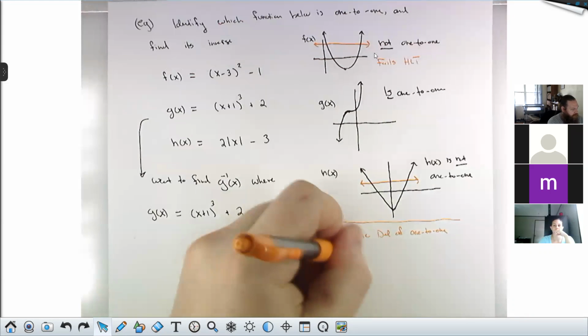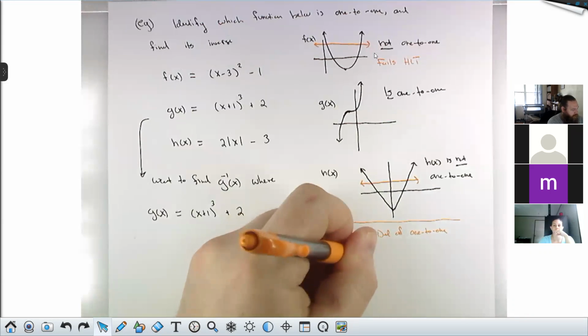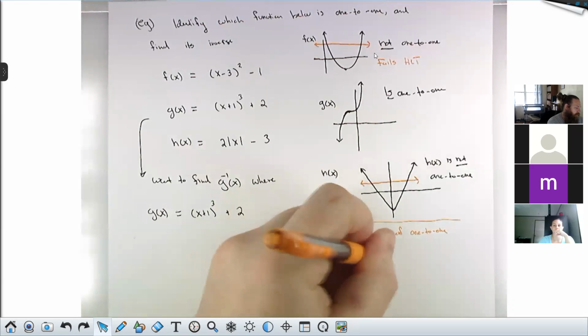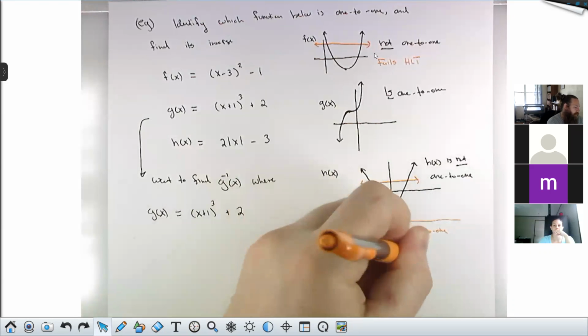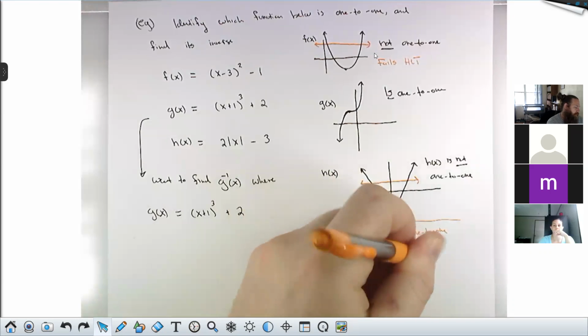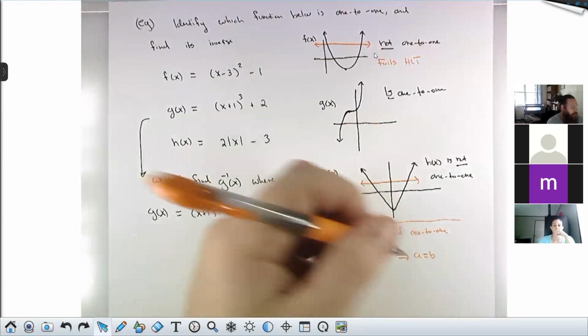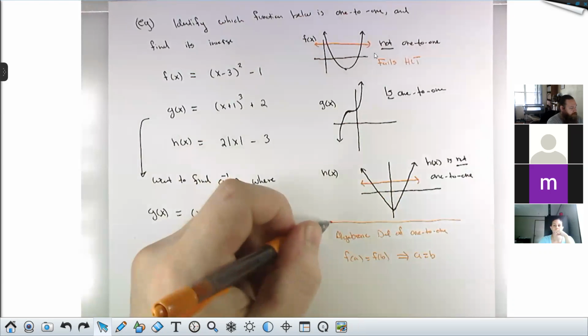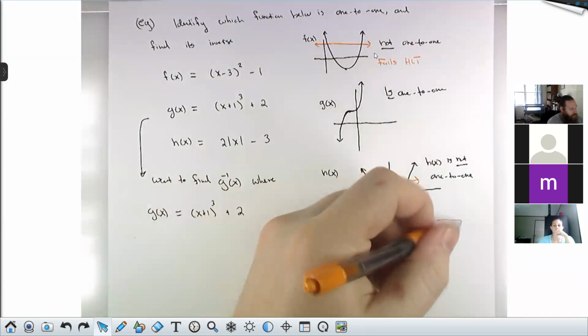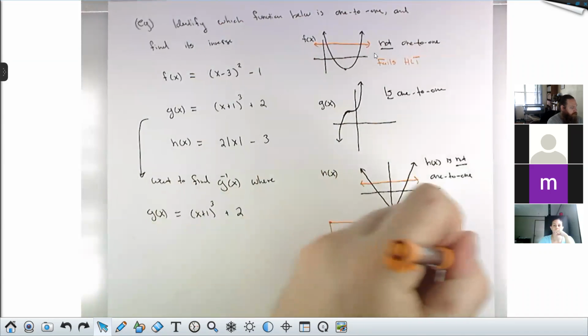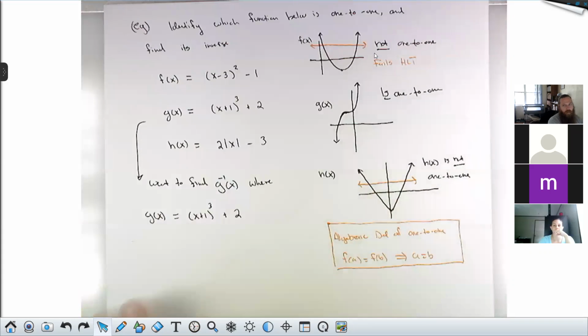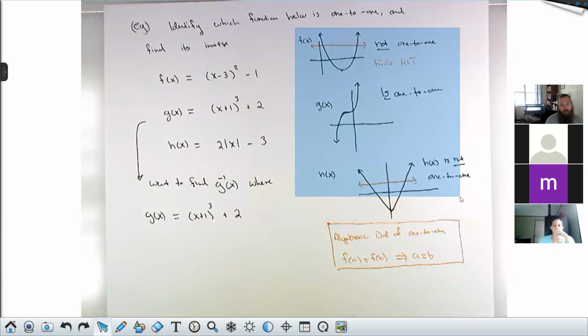We could say, if f of a is equal to f of b, then a has to be equal to b. You can test and see whether this is true algebraically. We looked at one example of that back in the day, but generally speaking, this is quite hard. So pretty much always we're going to want to look at the graph and use the horizontal line test.